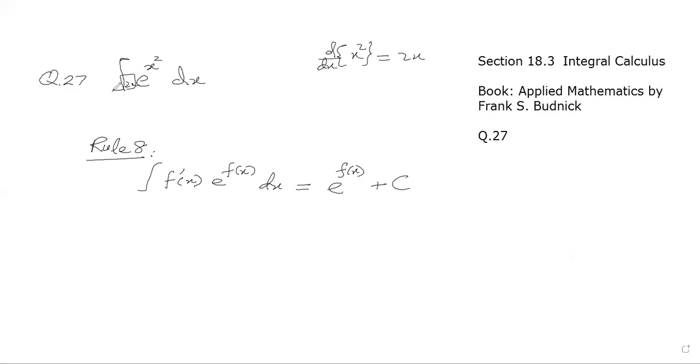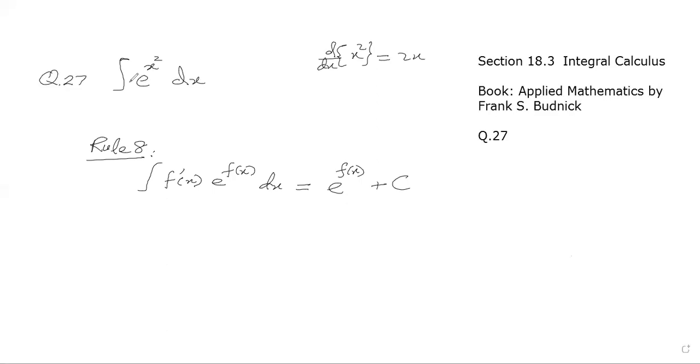So how can we solve it? According to the book, we can reduce rule number 8 to solve this question. But now I'm going to show you how to solve this problem.